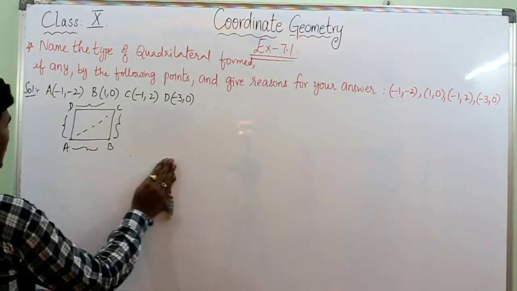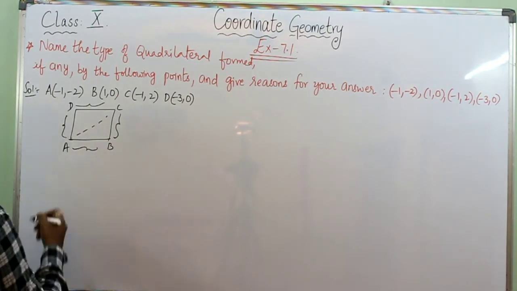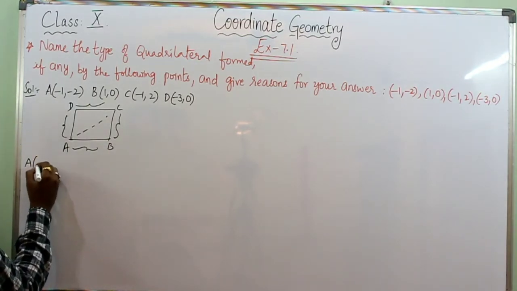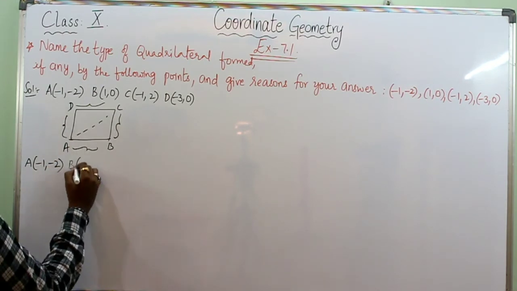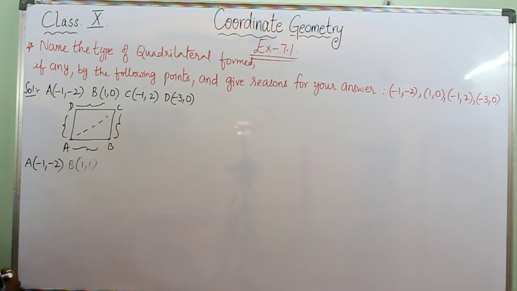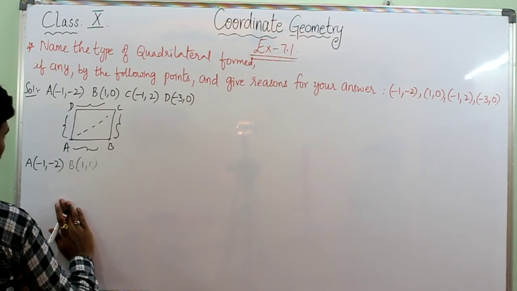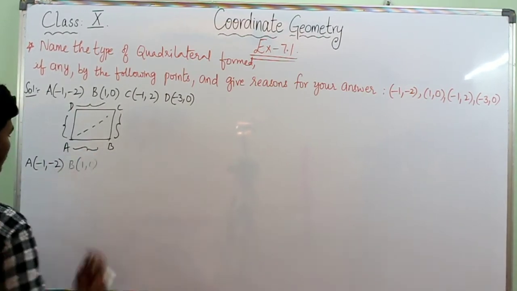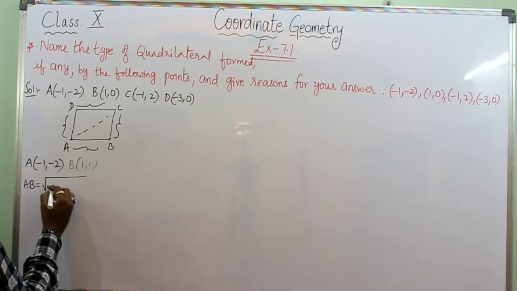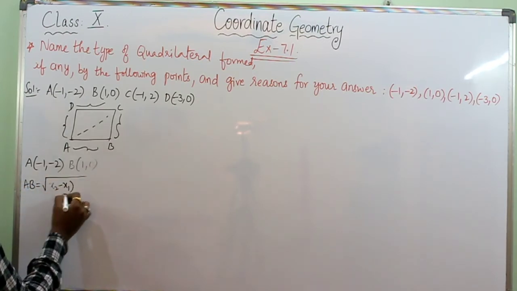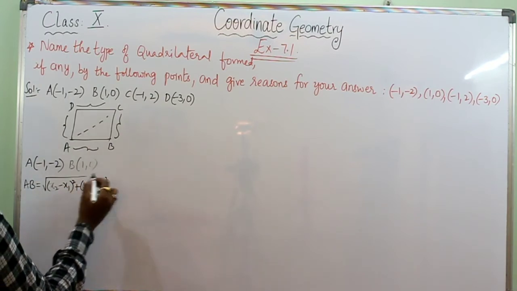So first let us start with the first one, that is AB. Let us consider the point A, that is (-1, -2), and B (1, 0). First write the distance between 2 points formula, that is AB is equal to square root of (x2 minus x1) whole square plus (y2 minus y1) whole square.